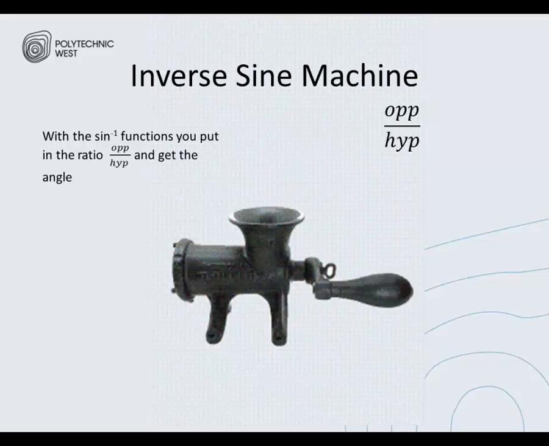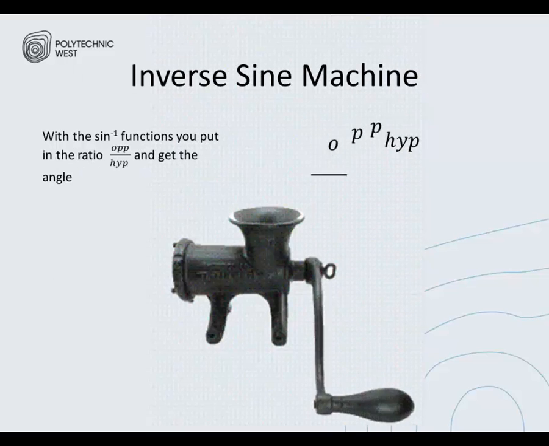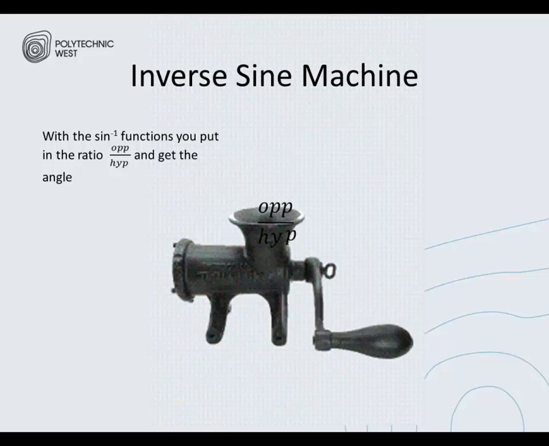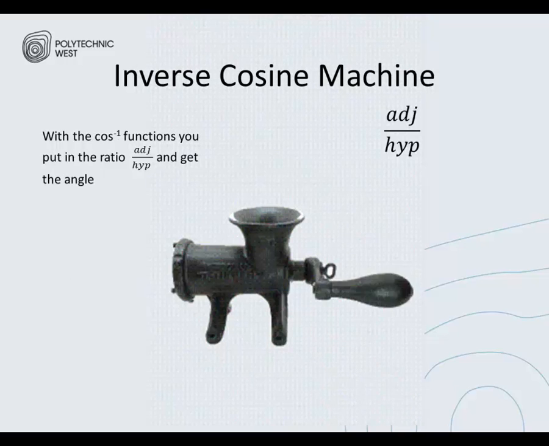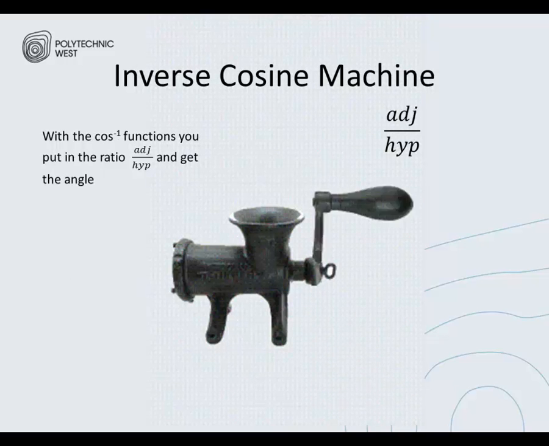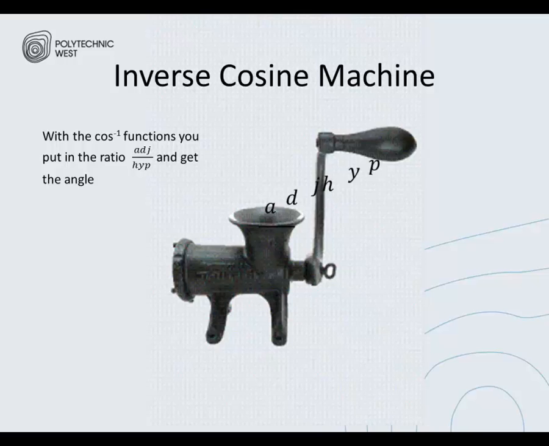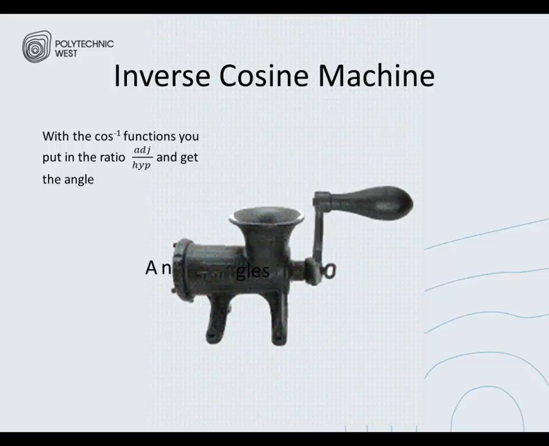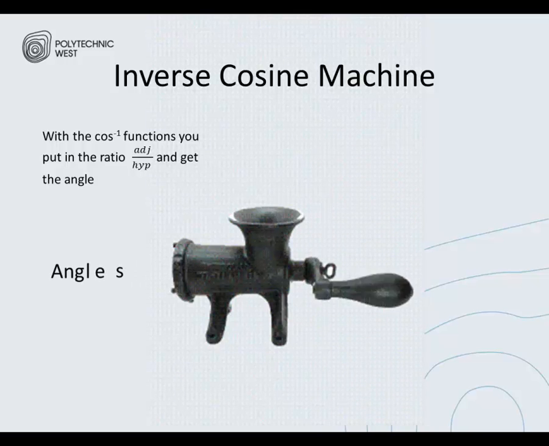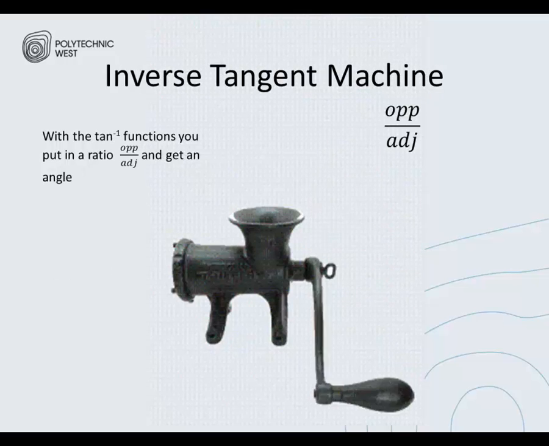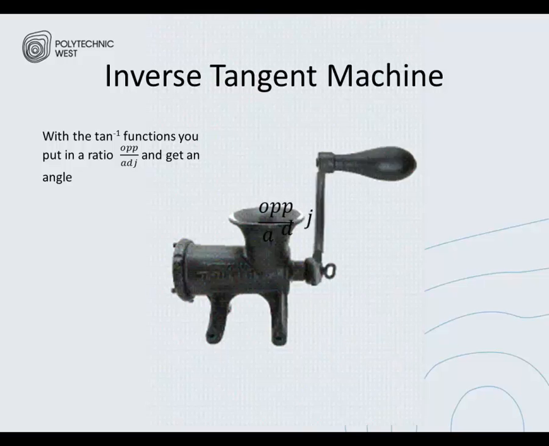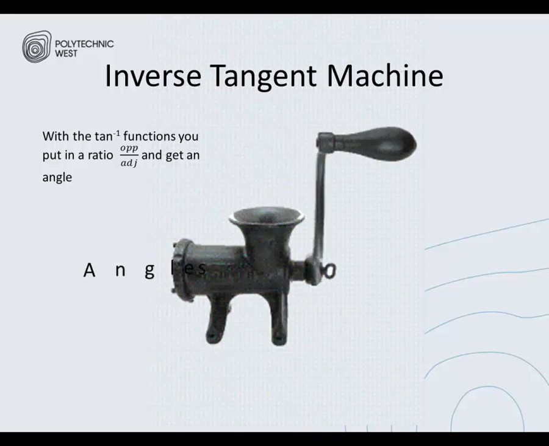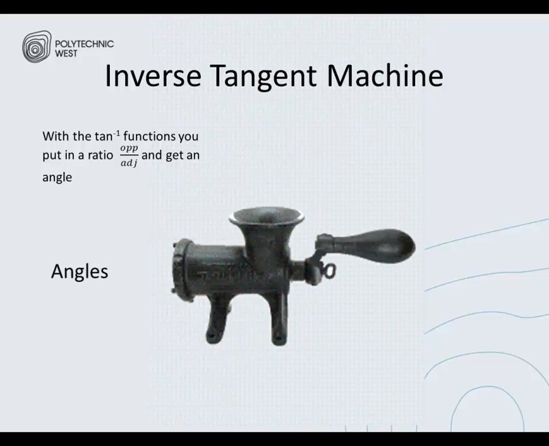You have the inverse sine machine, which takes opposite over the hypotenuse and gives you the angle. You have the inverse cos machine, which takes adjacent over the hypotenuse and churns out angles. And you have the inverse tangent machine, which takes the opposite over the adjacent and churns out the angles.